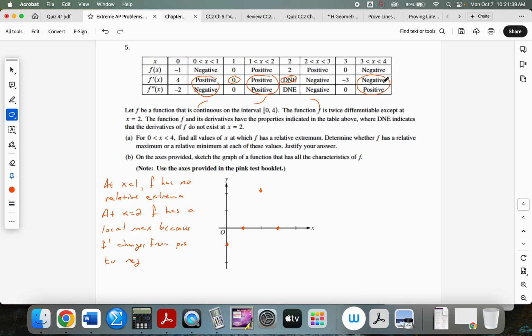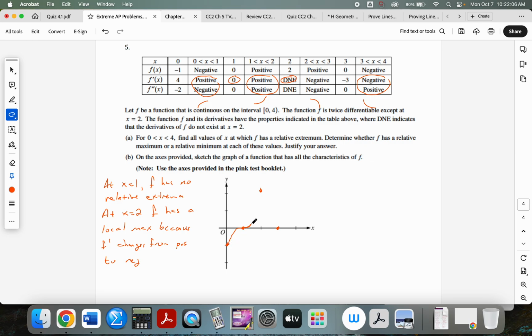And then I want decreasing concave up. So decreasing concave up would look like this. And I know that the first derivative is 0 at 1, so that means it's got to do something like this.